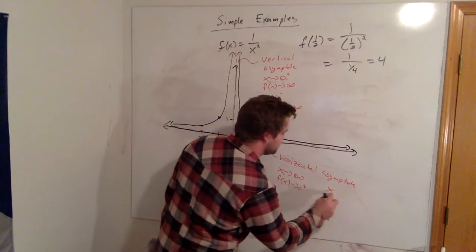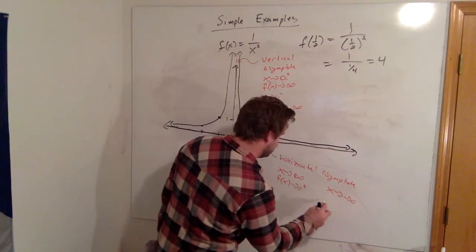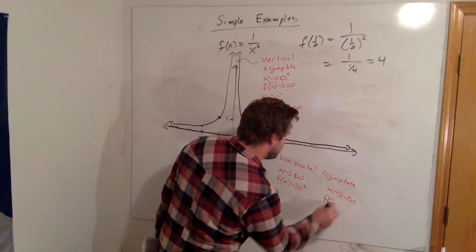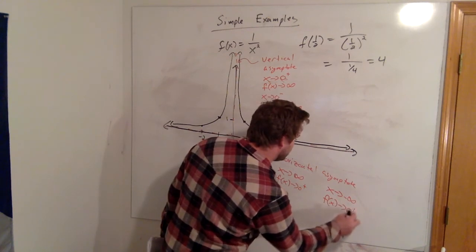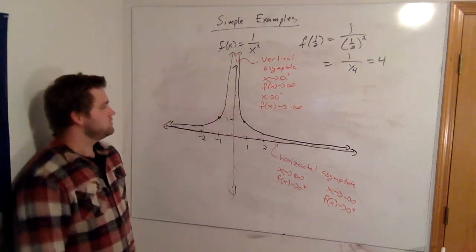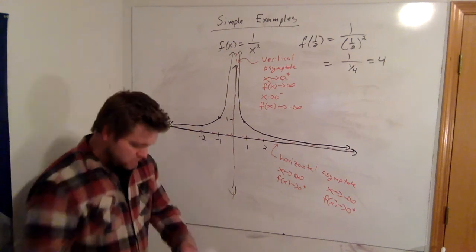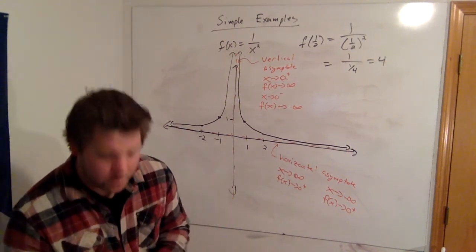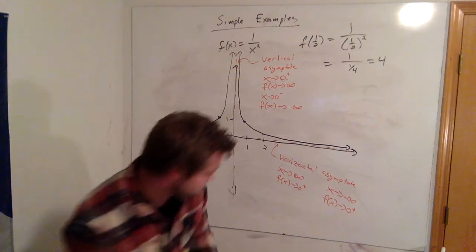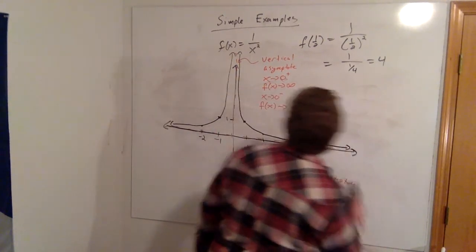Or I could say as x is going towards negative infinity, we could say that f of x is getting closer to 0 also from the positive side. So here's our vertical and horizontal asymptotes. Okay, let's do something a little bit more complicated. Okay, so here's 1 over x squared.